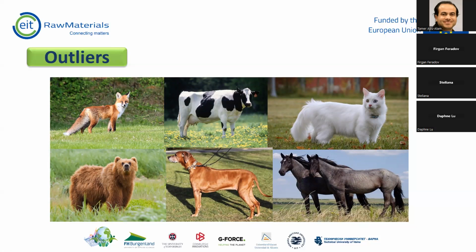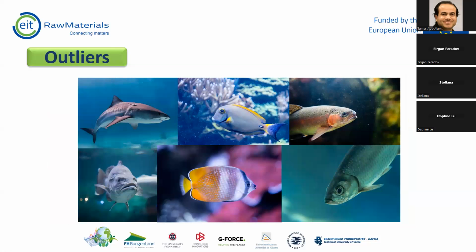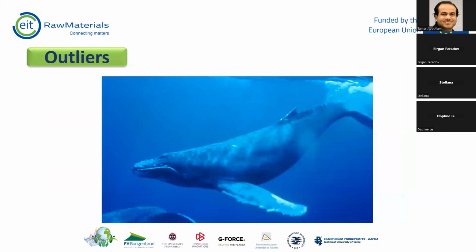So people just throw them away, and suddenly the classification task becomes very easy, and the classifier performs at 97, 98, 99%.